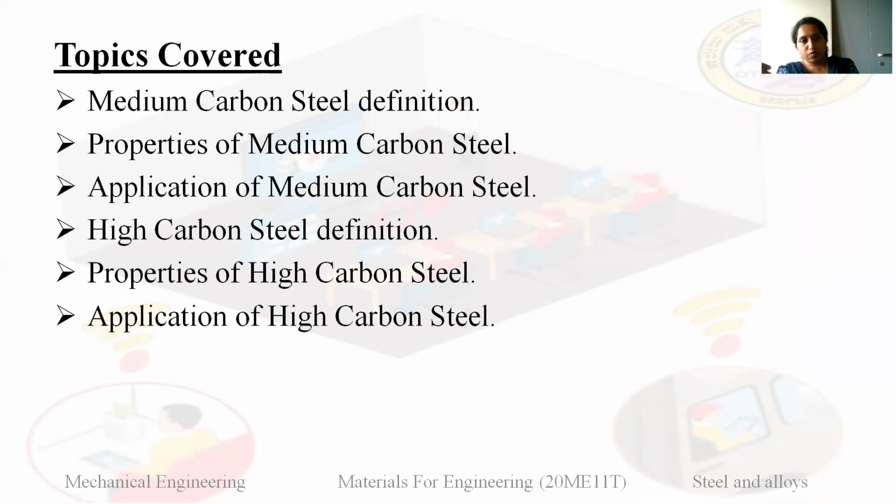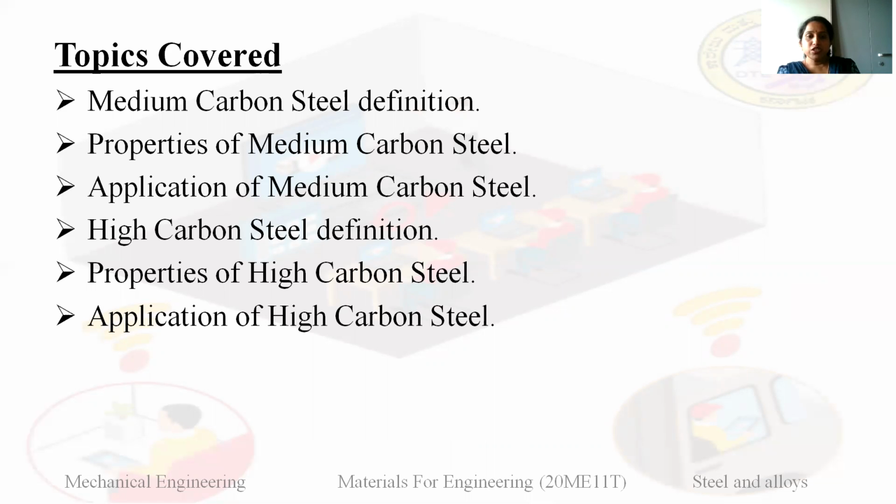When it comes to the properties, because of the increased amount of carbon, it is slightly harder when compared to low carbon steel, but it can be heat treated, and it lowers the ductility. That is the main important point. It can be heat treated, but parallelly it is lowering the ductility property. That means when it is subjected to tension, it cannot be drawn into wires as easily as low carbon steel.